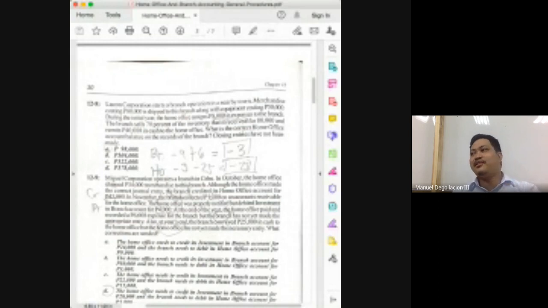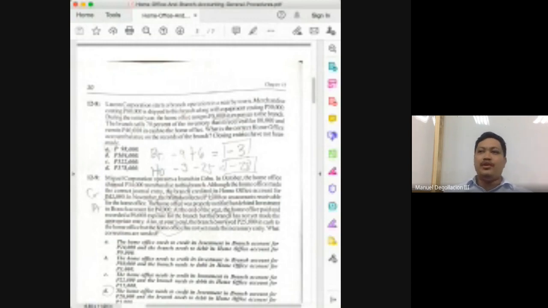So will your answer still be 98,000? The answer is no. What should you do? You should compute for the profit or loss. If it results in a profit, then you add the profit to the 98,000. If it results in a loss, then you deduct the loss to the 98,000.